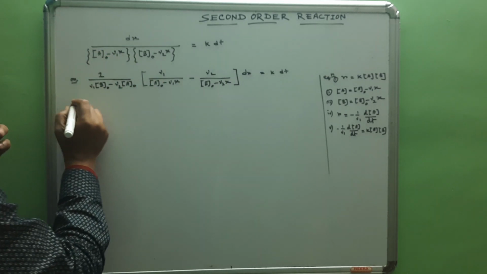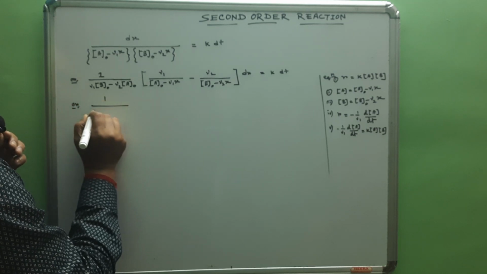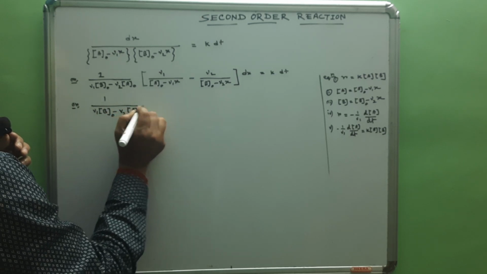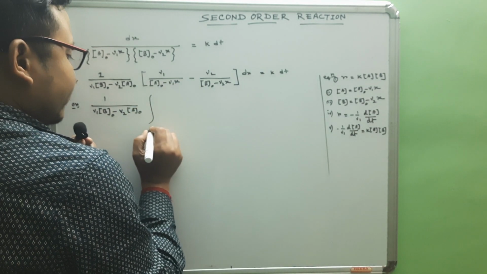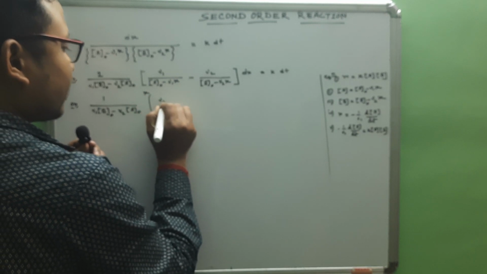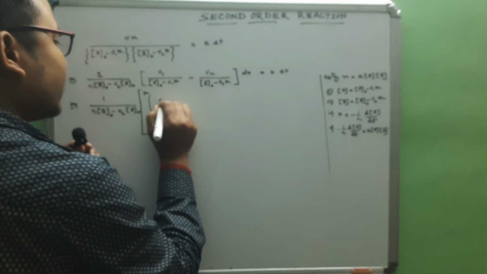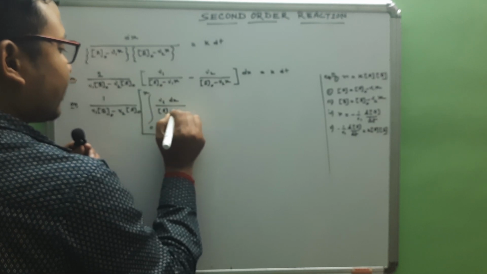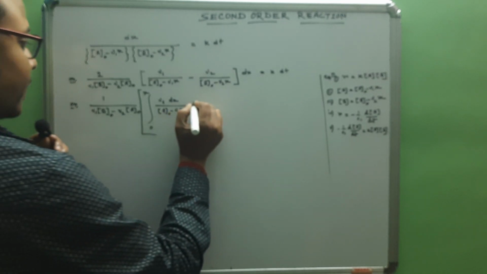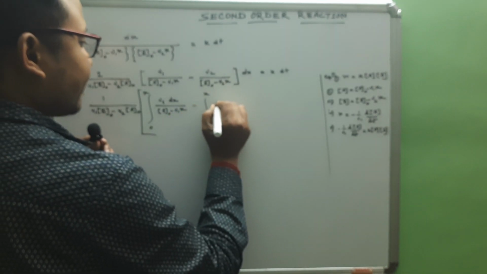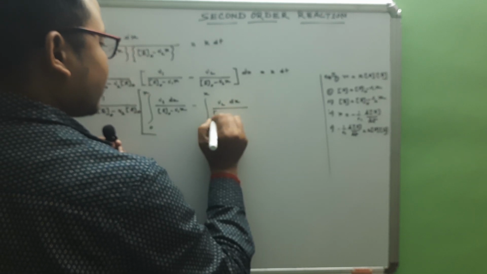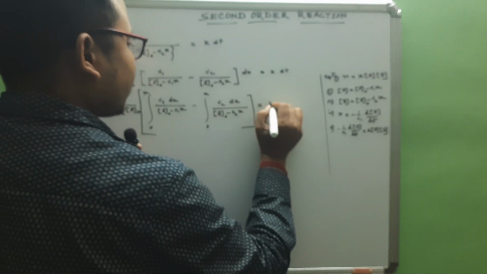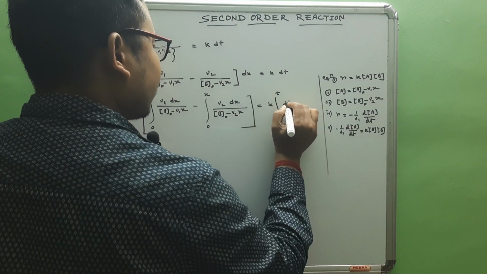Okay, so now integrate, x varies from 0 to x, nu 1 dx, here nu 1x minus, here also, dt.